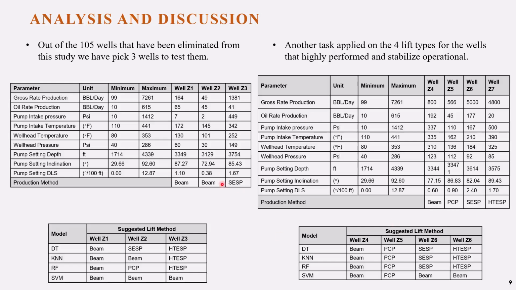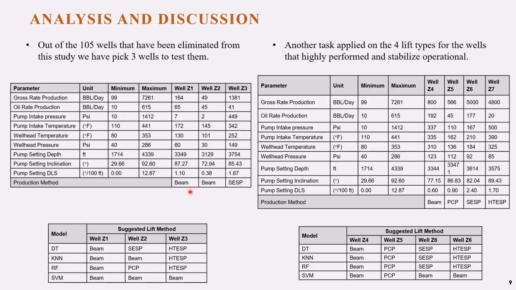We ran those 3 wells through our model to check why they are unstable and why we cannot run those current artificial lifts, and what the models suggest to run them in an appropriate way.